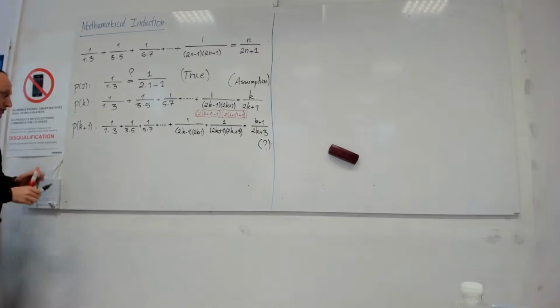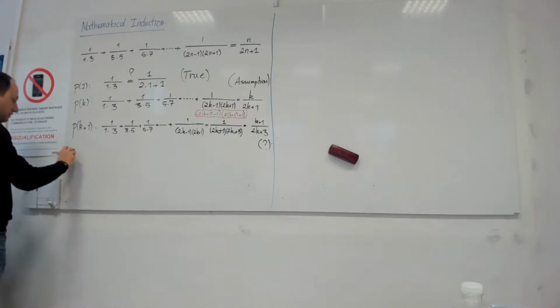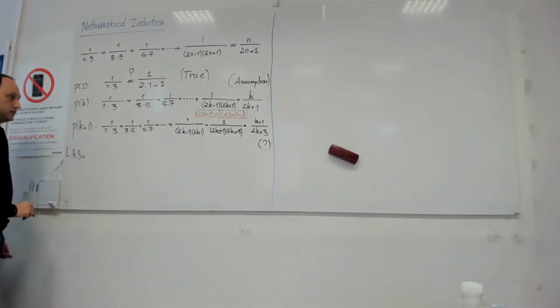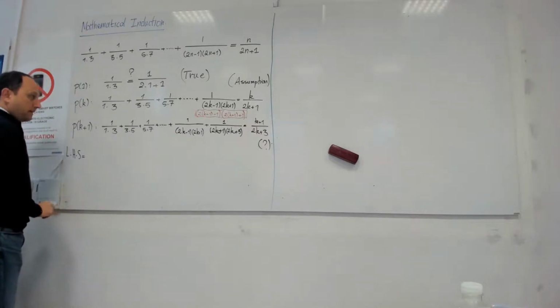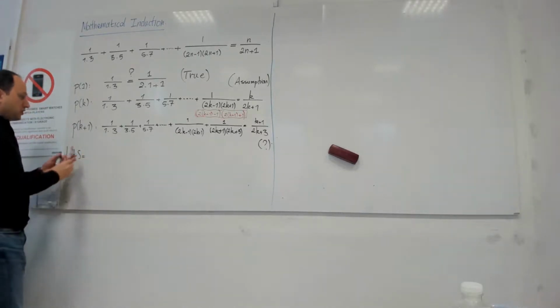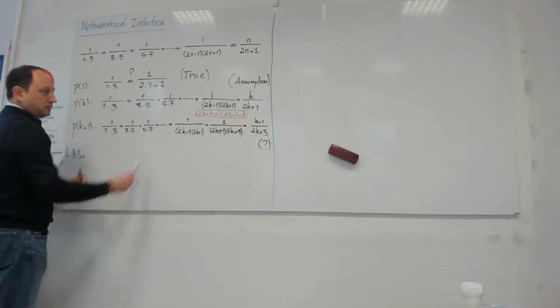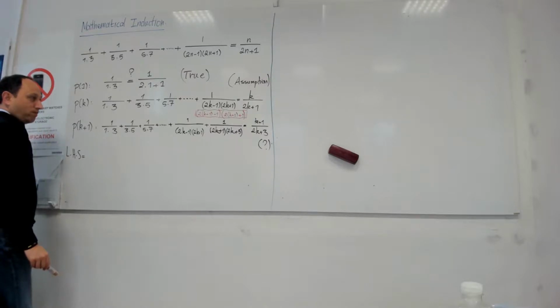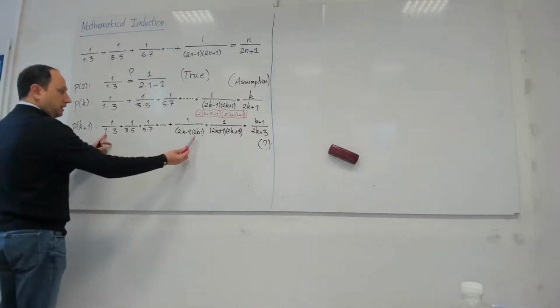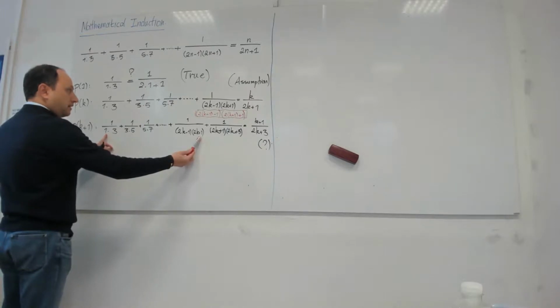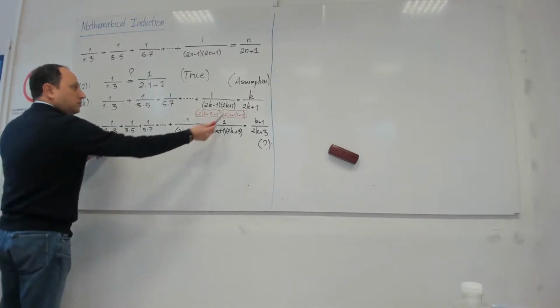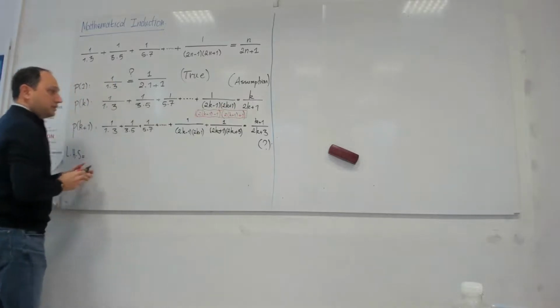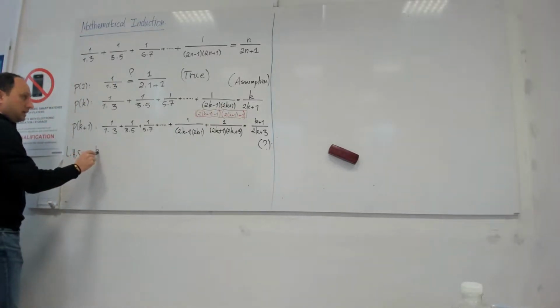Okay, now I would start from the left-hand side. You don't need to write it that much. You know that the left-hand side here is from here to here. By my assumption, it is this expression. So then I can write it as k divided by 2k plus 1.